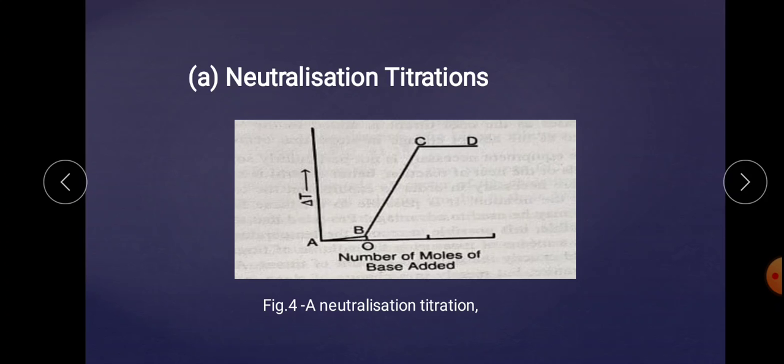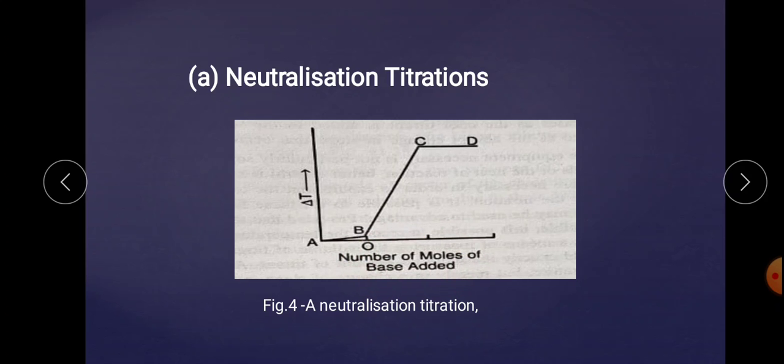In this case, 4 points are observed: A, B, C and D. The graph is plotted between the change in temperature, delta T, versus the number of moles of base added. We know that in neutralization we fill the base in the burette and add a fixed quantity of acid in a conical flask.